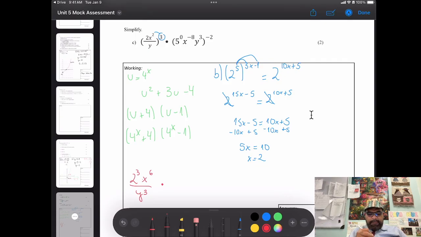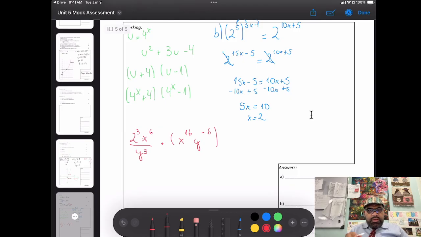Goodbye y. I'm going to distribute this negative 2 to everybody. Then 5 goodbye. What is left over? X to which power? Negative 8 times negative 2, positive 16. Y, 3 times 2, negative 6.